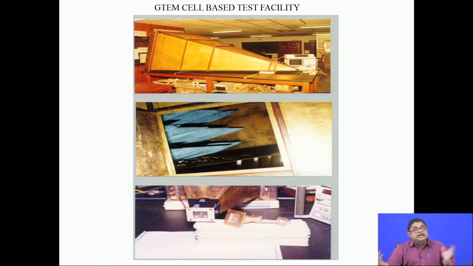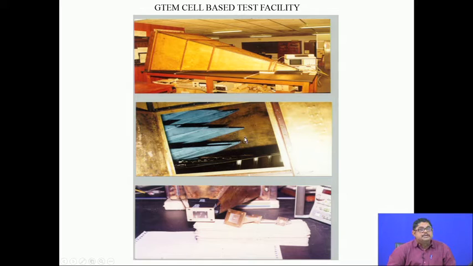Anechoic chambers require a separate building or separate room, whereas a GTEM cell can sit on a lab table. If you have a shortage of space, you can easily use it, as it is simply a metal structure. The main thing is the design, a transmission line based design, but gigahertz and microwave devices can be tested here.